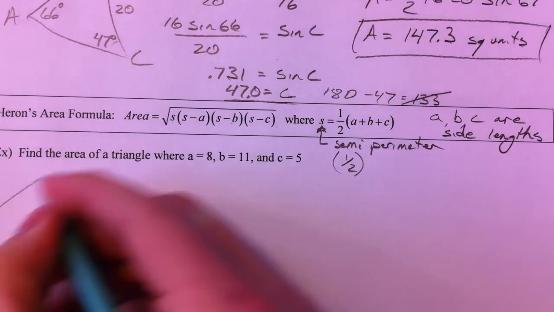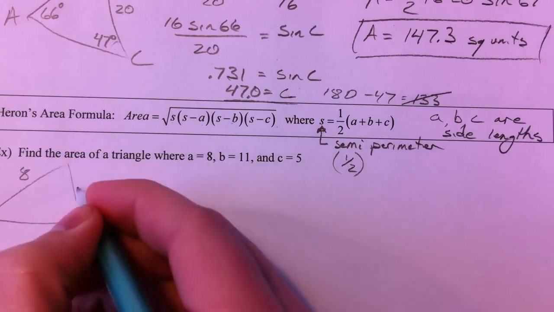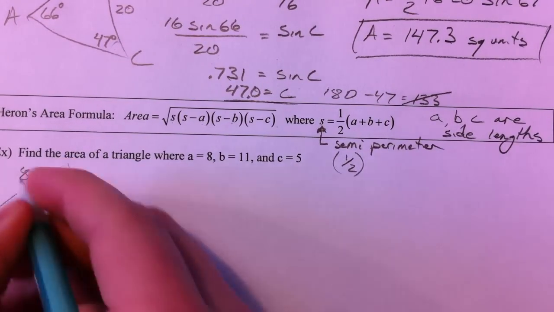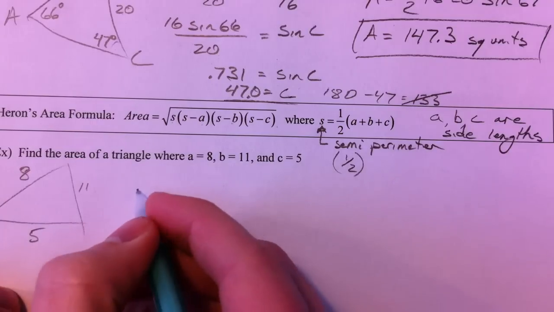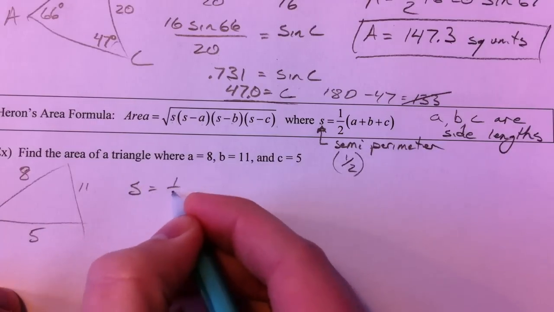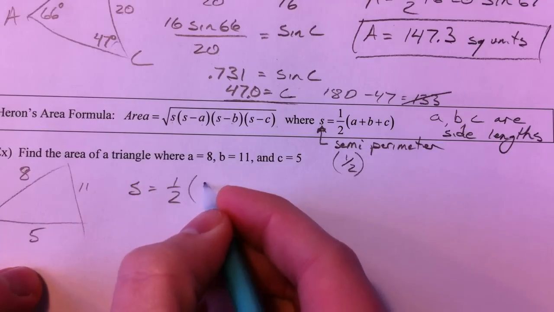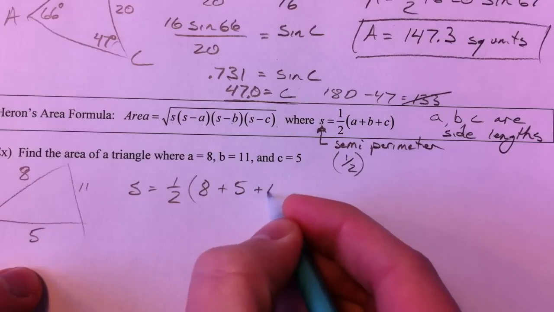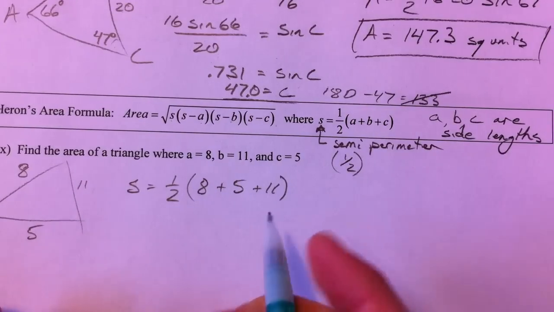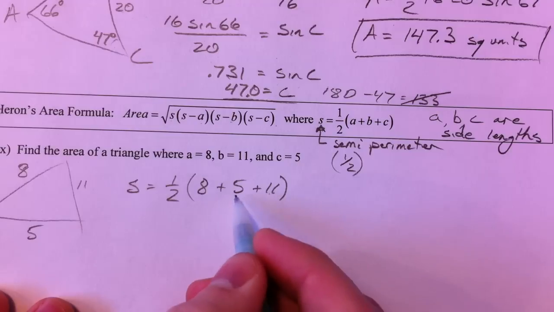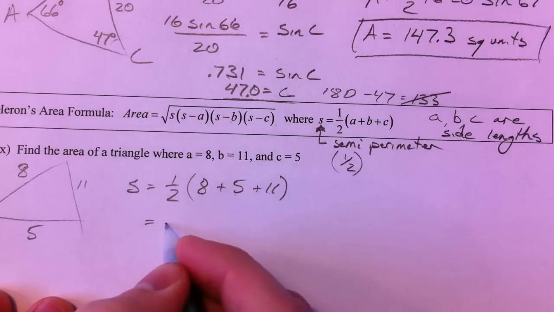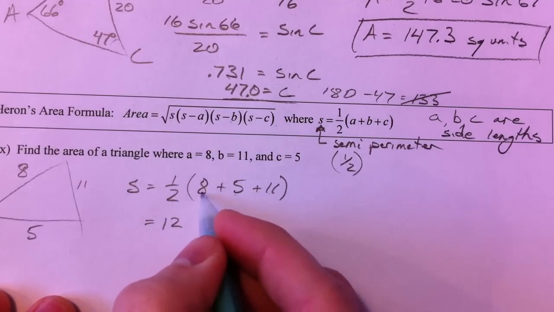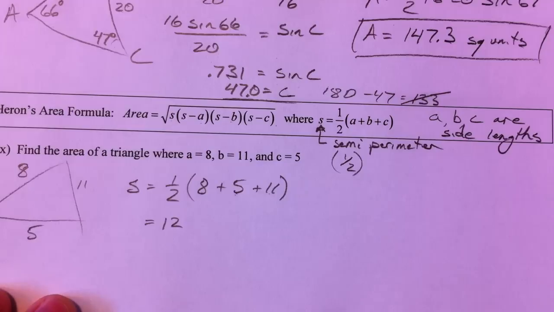So if you have all three sides, 8, 11, and 5, you can find S by doing 1/2 8 plus 5 plus 11. So you've got 13 plus 11 is 24, divided by 2 is 12.